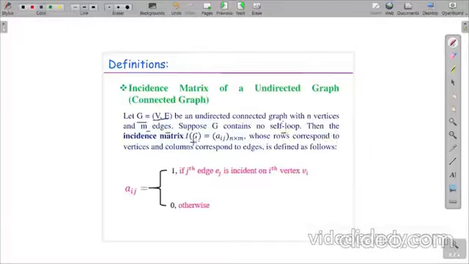Then the incidence matrix I of G equals [aij] n by n, whose rows correspond to vertices and columns correspond to edges, is defined as follows: aij equals 1 if the jth edge Ej is incident on vertex Vi, 0 otherwise.